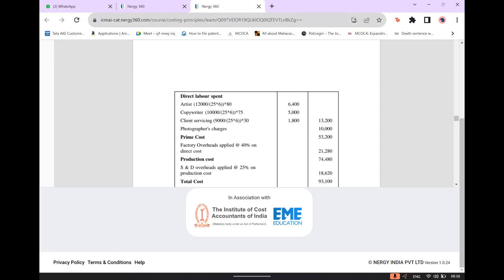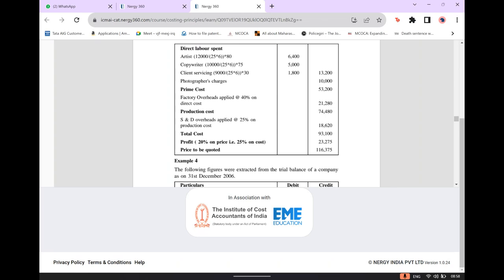So I got the factory cost or the production cost. Then selling and distribution is 25% on the production cost. The production cost will be 74,480. That is the prime cost plus factory overheads. So 25% of that will be 18,620. Total cost will be 93,100.